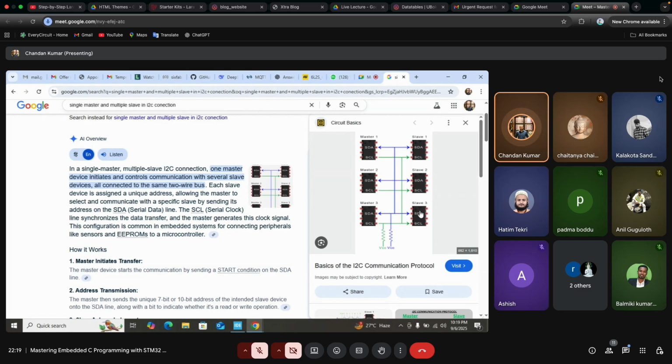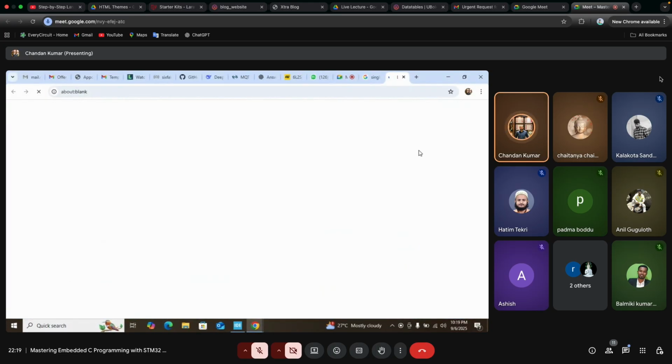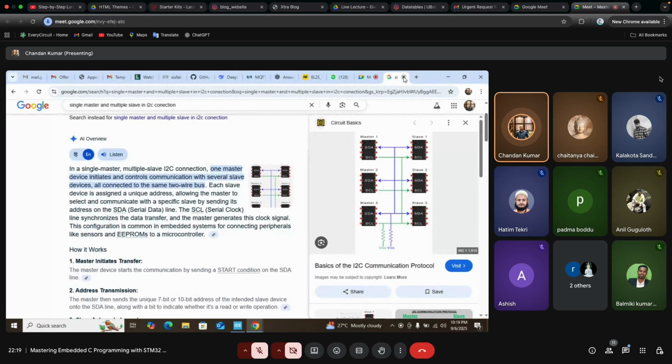I will write a code where I will lower the pin of IC1 and communicate with IC3. Now the second case comes. Right now what is happening here? One master is having multiple slaves. So this condition is known as single master and multiple slave.